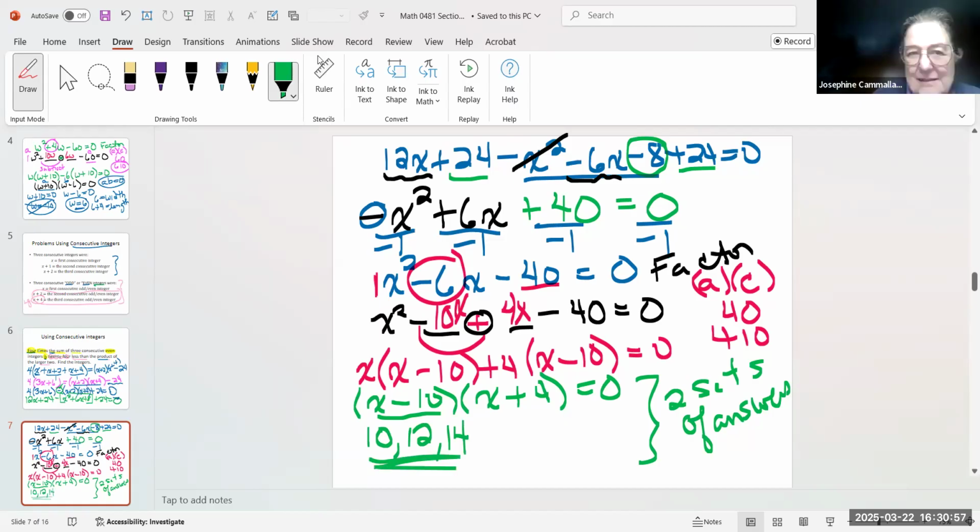This is one set, but it's this second set you got to be careful with. This is negative 4. Add 2, and I get a negative 2. And I get 0.